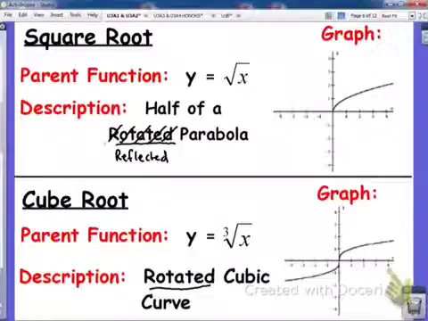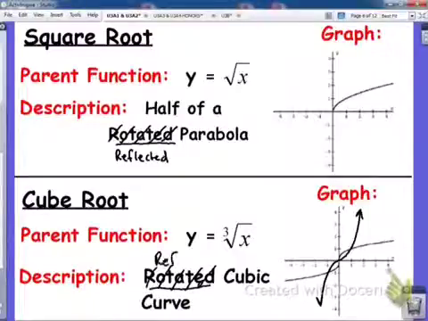Same thing here. If I took the cubic graph, which I just showed you, if I take this particular graph that I just drew and I rotated it, it will never line up with what I have printed here. So that's what I'm saying. It's not rotated. There's more of a reflection going on.